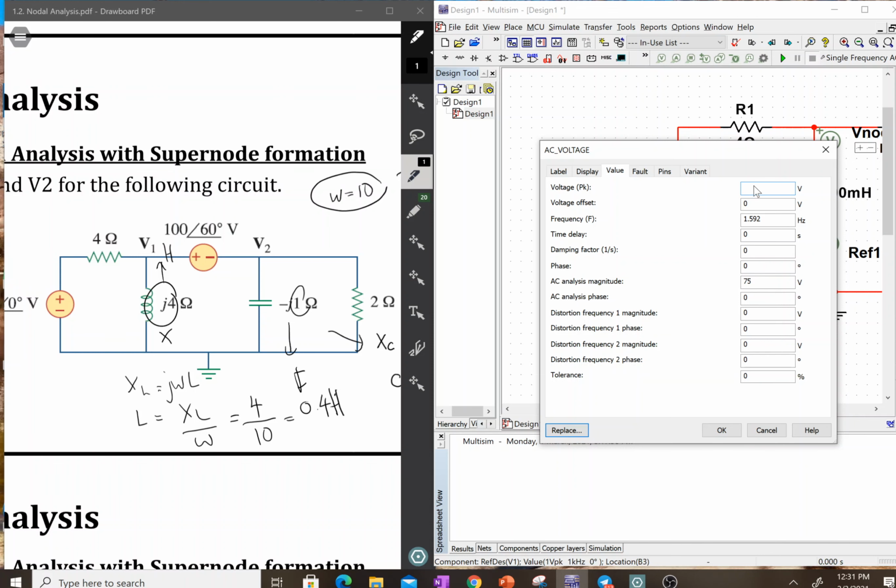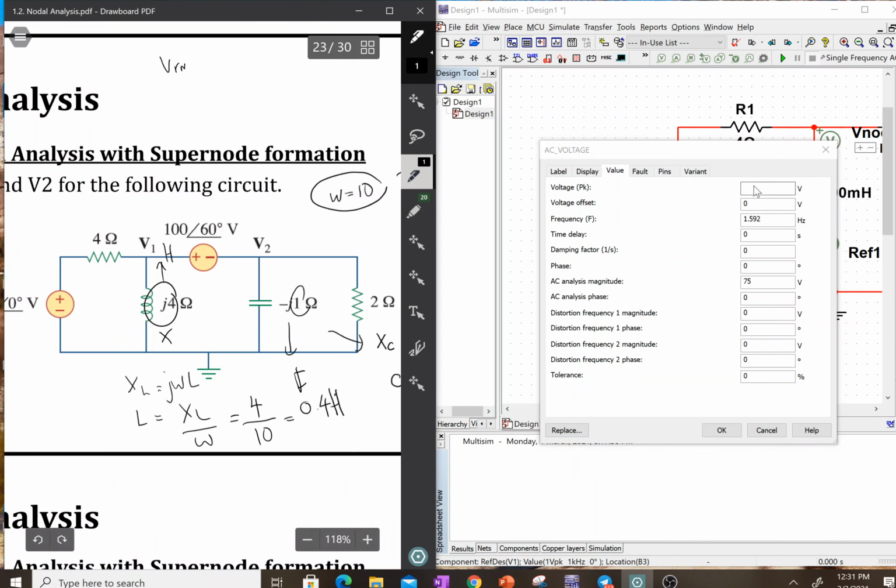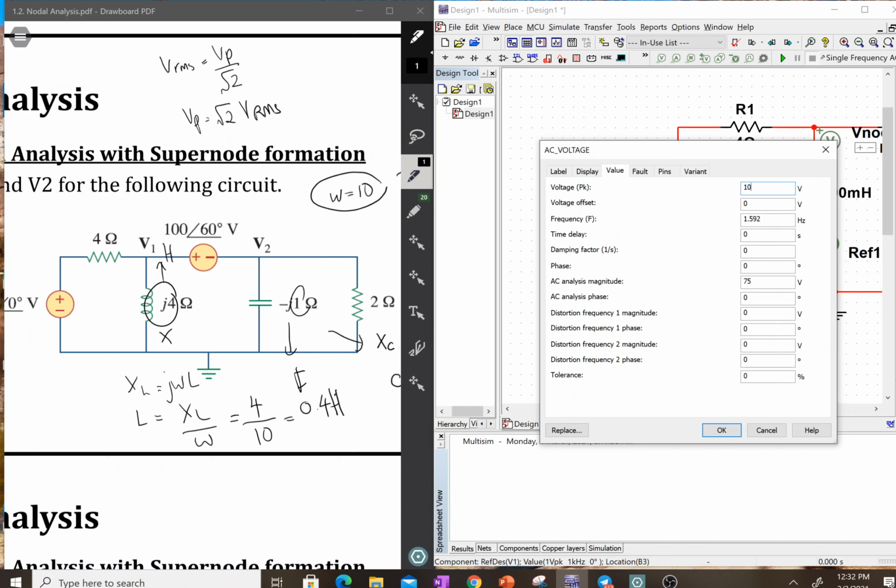To get VRMS, the formula is peak divided by sqrt 2, so we have to multiply by sqrt 2. 75 multiplied by sqrt 2 is 106.066.